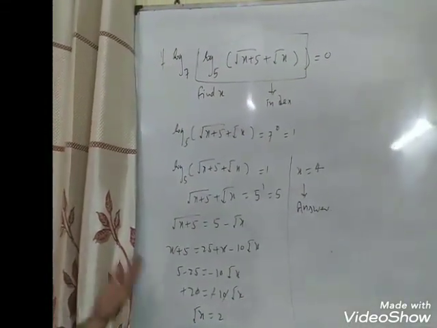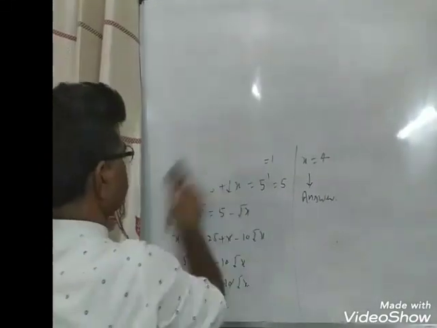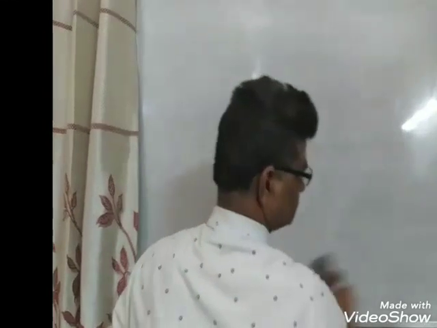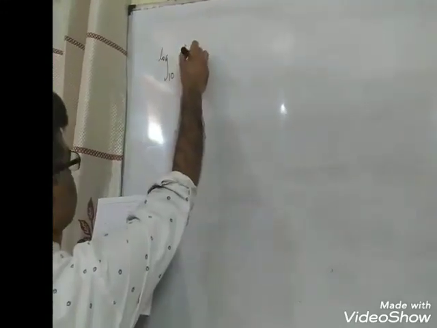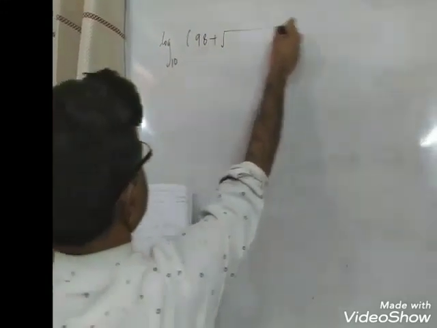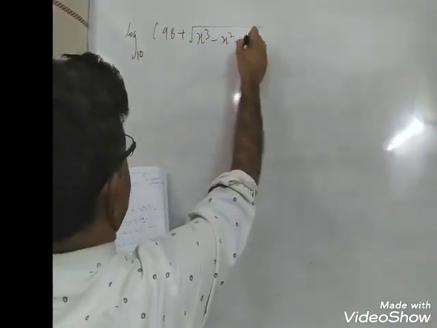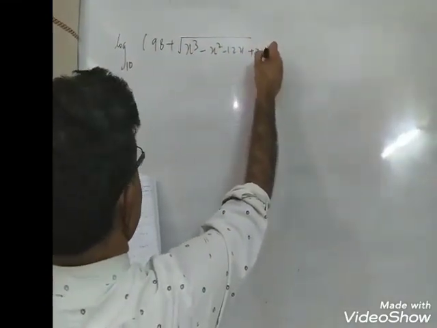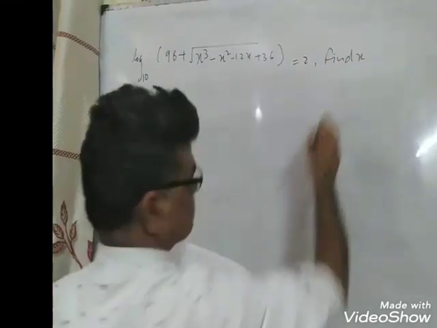Now we are moving to the next question. log_10(98 + x^3 - x^2 - 12x + 36) = 2. Find x.